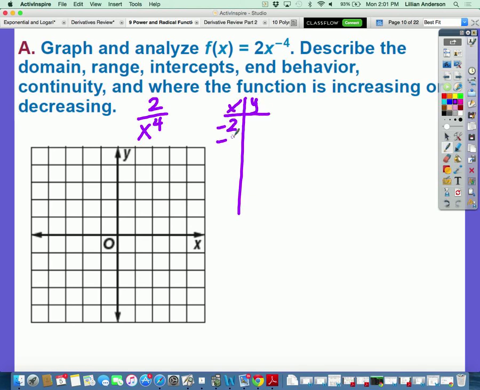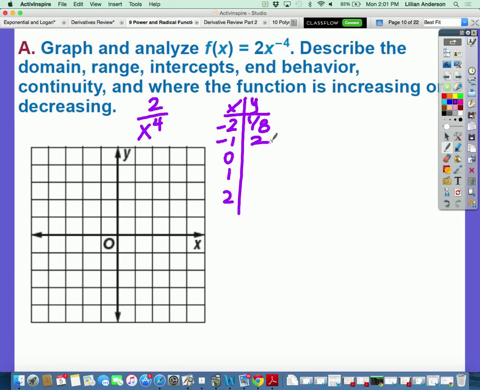Still no calculator just yet. When I plug in negative 2, what's negative 2 to the 4th power? 16. So what's 2 divided by 16? What does that reduce down to be? What about what's negative 1 to the 4th? And what's 2 divided by 1?